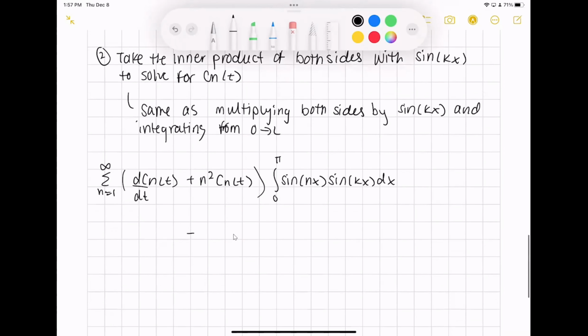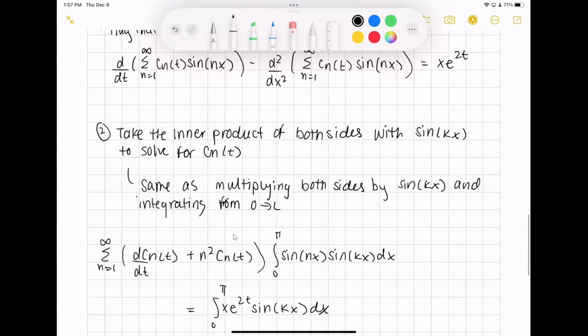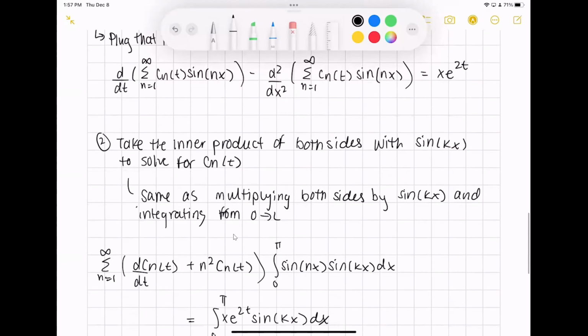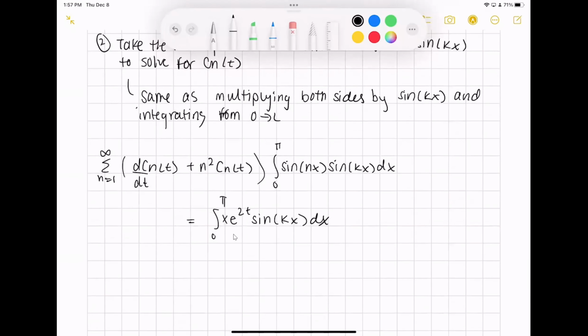And that will all be equal to the integral. So here, like I said, I just took the inner product of both sides and integrate from 0 to L. So that's how we try to find our Cn of t here.